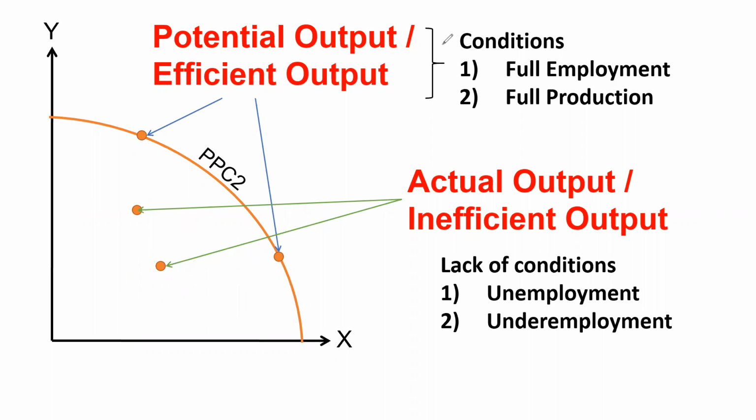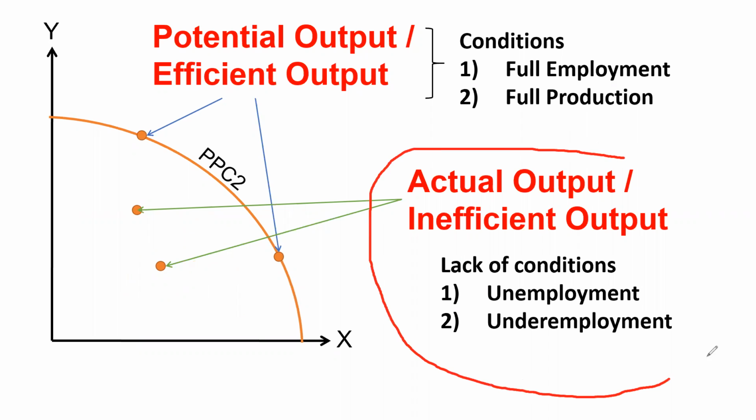So therefore, in PPC, zero opportunity cost can be seen under these two situations: unemployment of resources and underemployment of resources. The resources are either unemployed or underemployed. There is no opportunity cost.